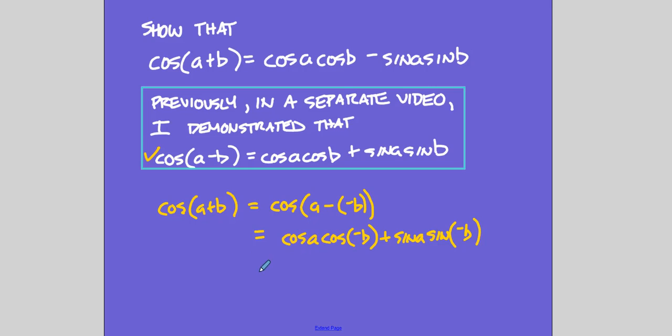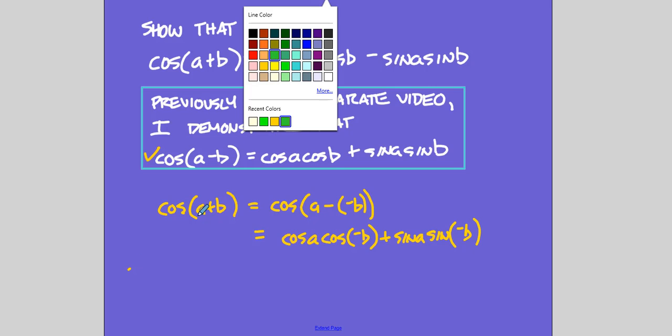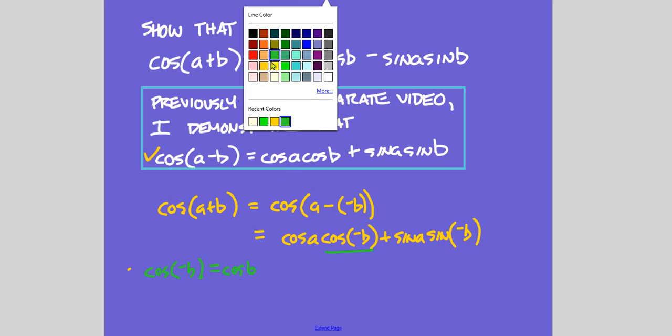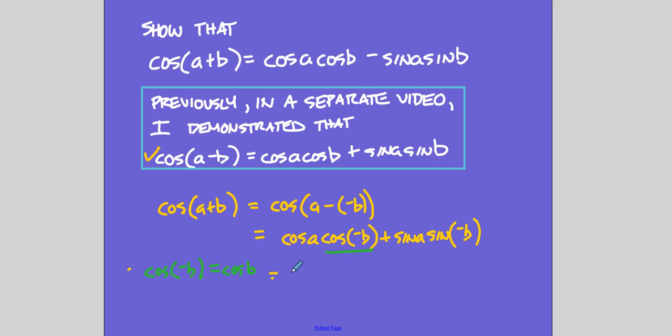Well, we just went over this, cosine of negative b is equal to cosine b. So I can make that substitution there. So I have equals cosine of a times cosine of b plus sine a.